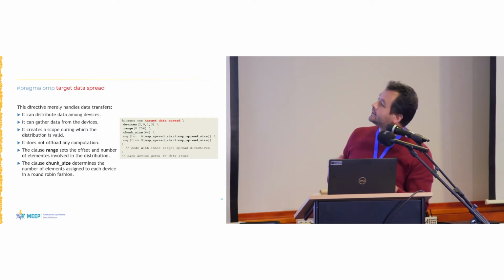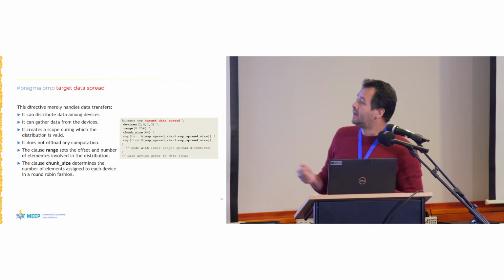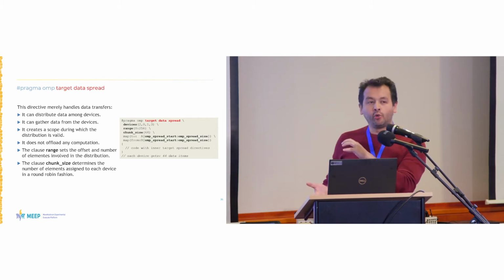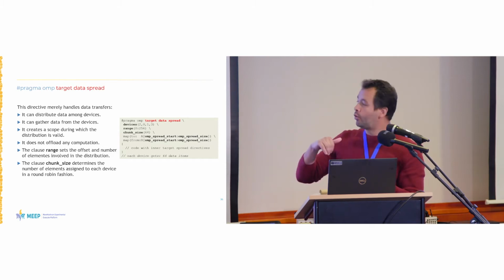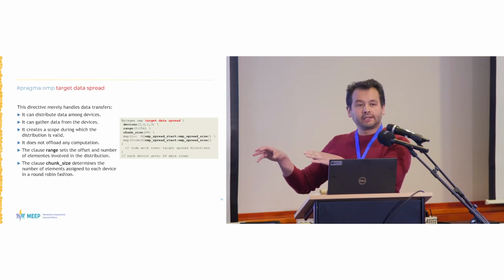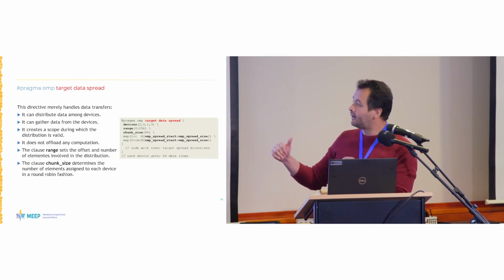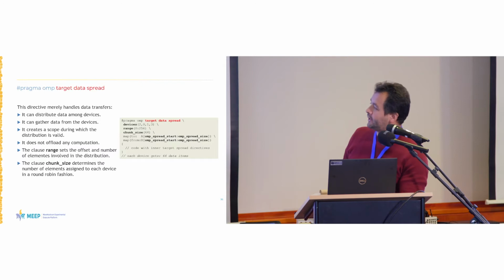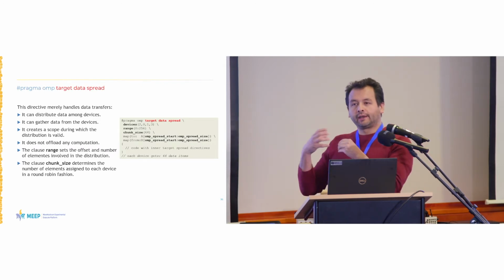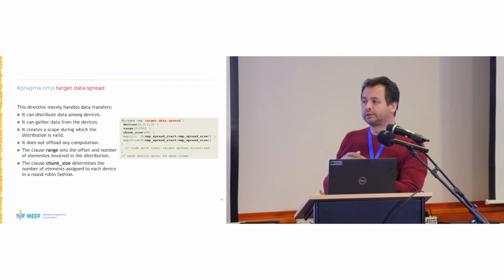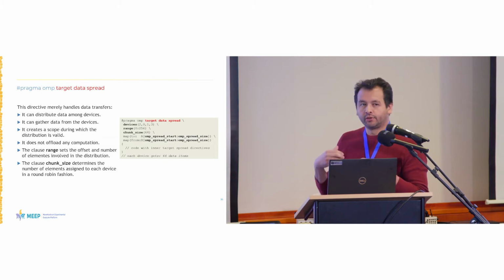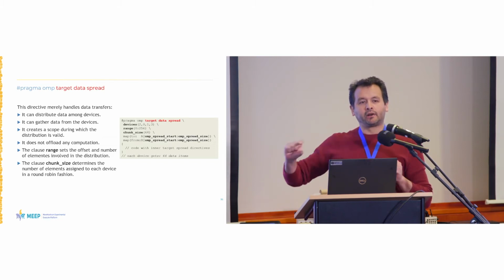So in this case, the target data spread directive places this data into a scope. At entrance to the scope, you put the data into the devices in a distributed manner, and at exit, you gather the information that you have distributed. Of course, there is no way from the program to know how many data elements you want to distribute, because we are not associating this to any part of the code.